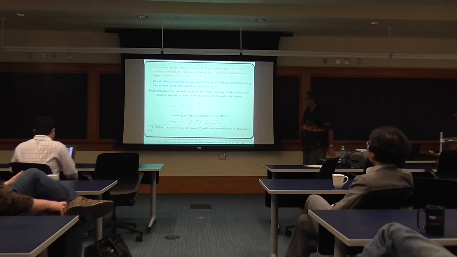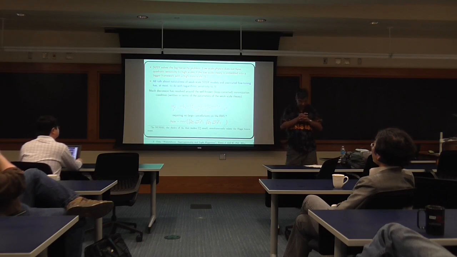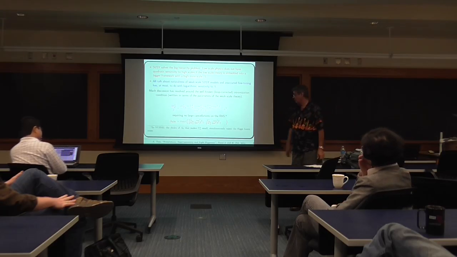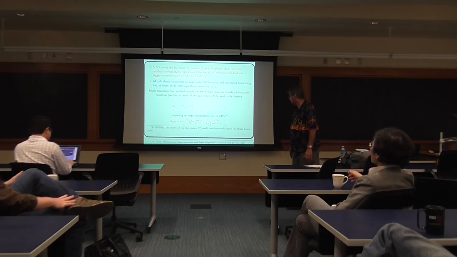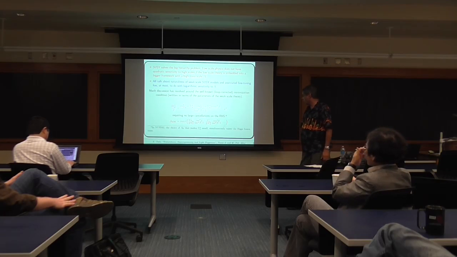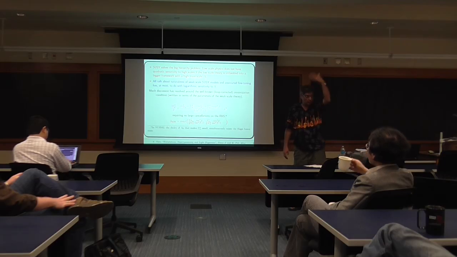So we all know SUSY solves the big hierarchy problem, that there is tuning to a part in 10 to the 30 in the standard model. And if SUSY is at the weak scale, that statement is true, and everybody in the world agrees with that. The big hierarchy problem is that low scale physics doesn't have quadratic sensitivity to high scale physics.